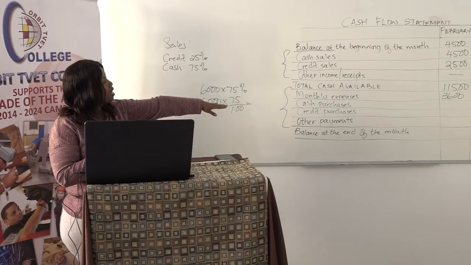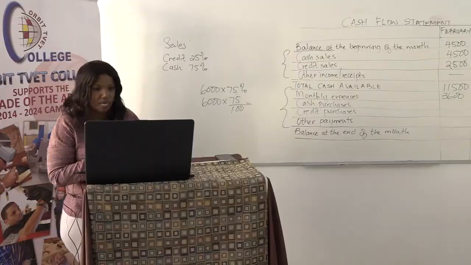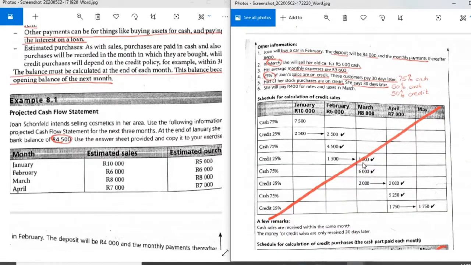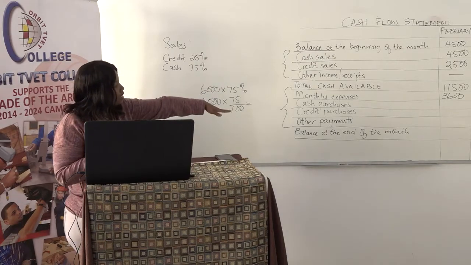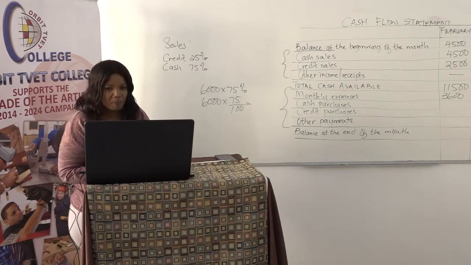So we have to calculate the cash purchases, meaning that we need to move to the third column of the information provided. Now remember, there's a transaction that talks about the purchases. It says half of her stock purchases are on credit, meaning that the first part, cash purchases, will be 50%, the second part will be 50%.